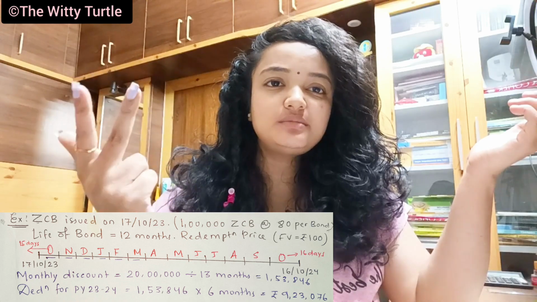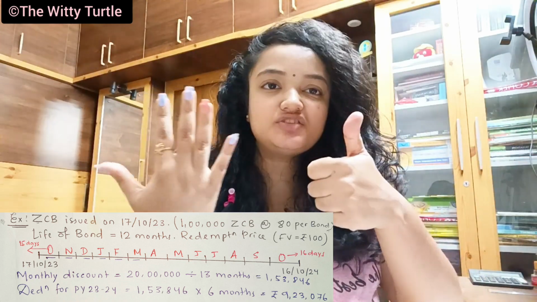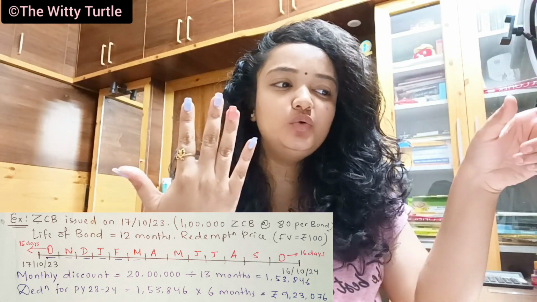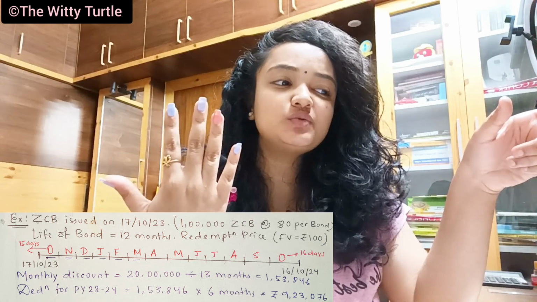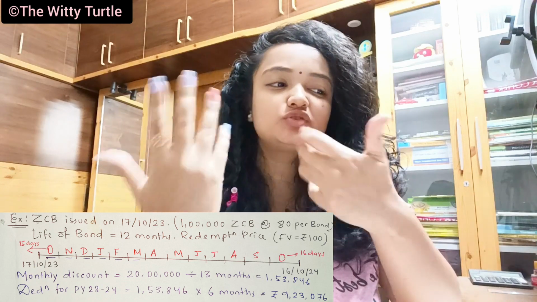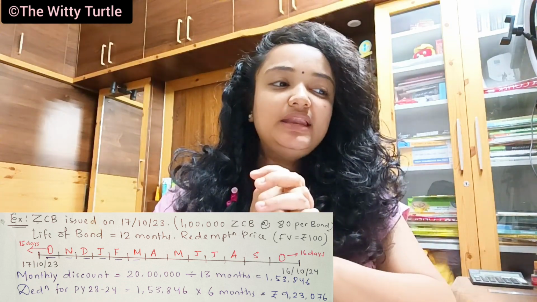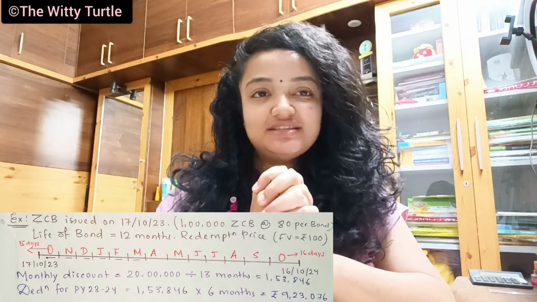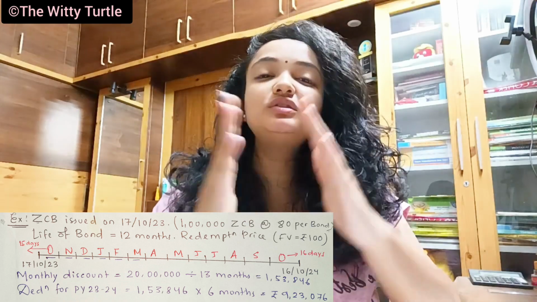October, November, December, January, February, and March, for 6 months. So whatever amount you got, that is 1,53,846, multiplied by 6 months, right? So it will be equal to 9,23,076 rupees, right? So this way you can calculate the deduction for zero coupon bonds.